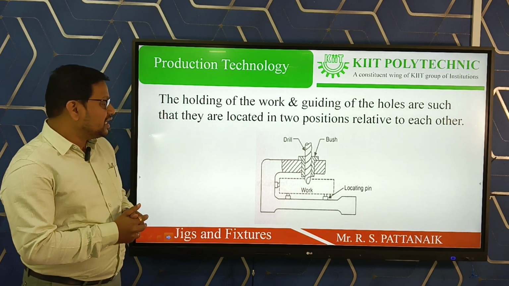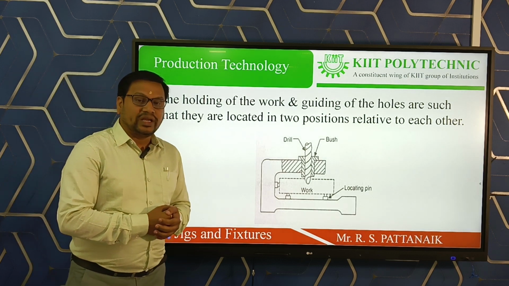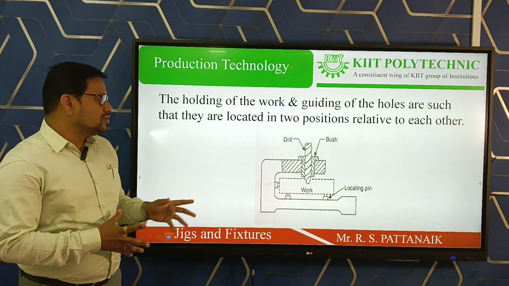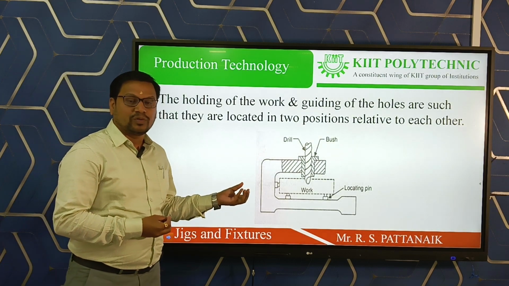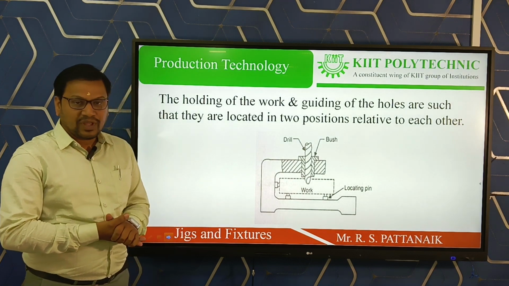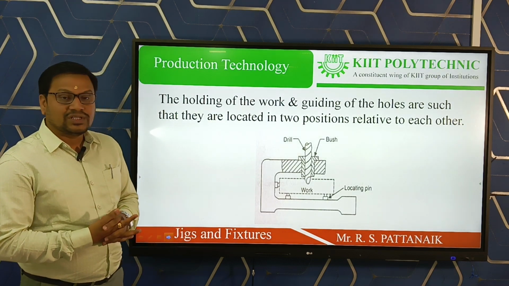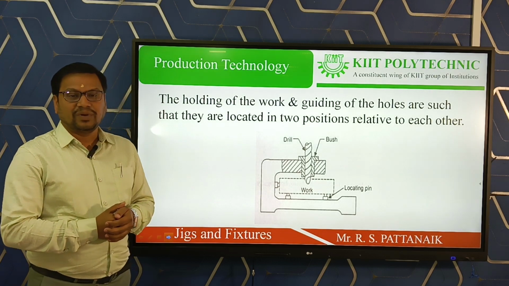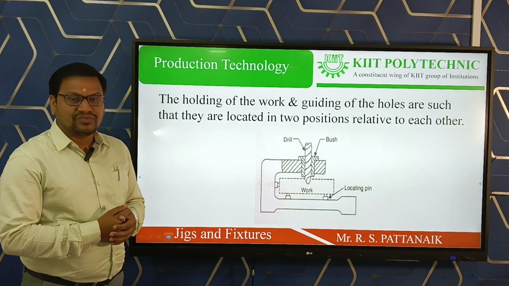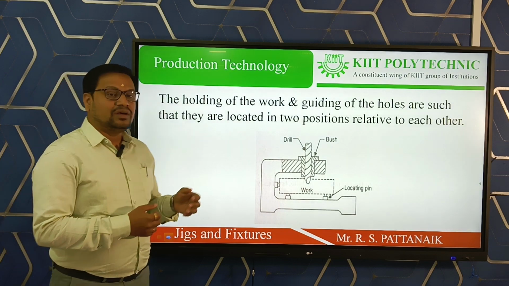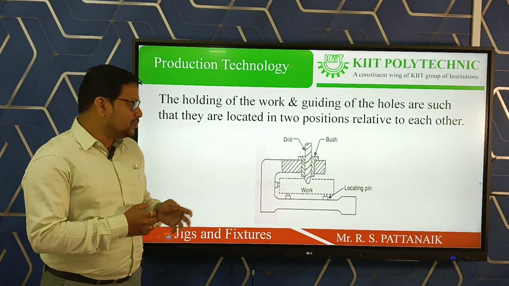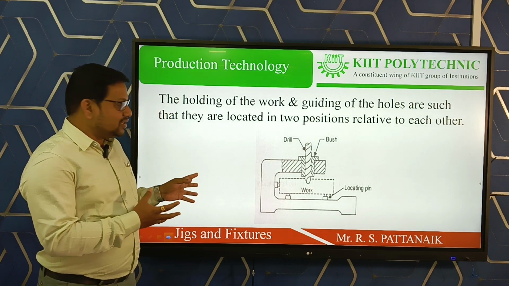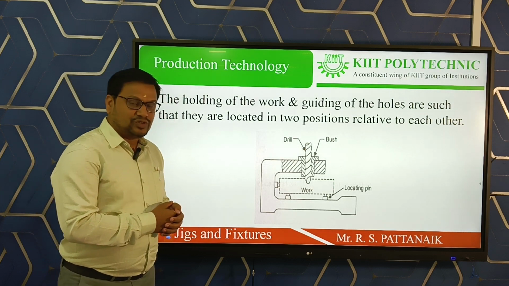The second one is the locating element. Locating elements are used for the location of the workpiece. Next is the clamping element. Different types of clamps are used for clamping the workpiece for proper positioning, so the workpiece is rigidly fixed with the help of different types of clamps.